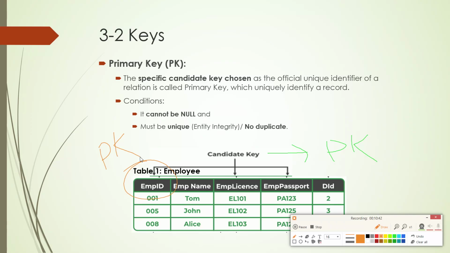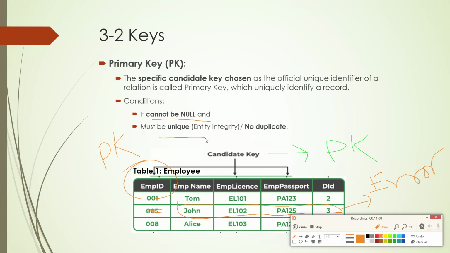And for primary key there are two conditions. The value within this primary key should not be null. For example, if you delete this 5 and add the rest of this record, the DBMS will result in an error. And the second condition is that it should be unique.